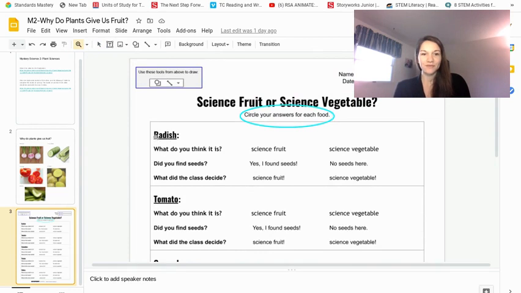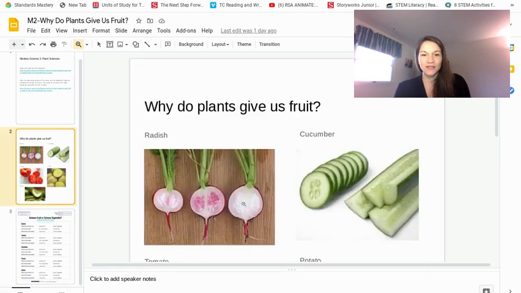So the type of vegetable or fruit is here. So radish first. What do you think it is? Fruit, vegetable. Did you find seeds? Yes, I found seeds. No seeds here. What did the class decide? You can do this based on what your family decides. Ask someone at home. And you've got your pictures here to help you.